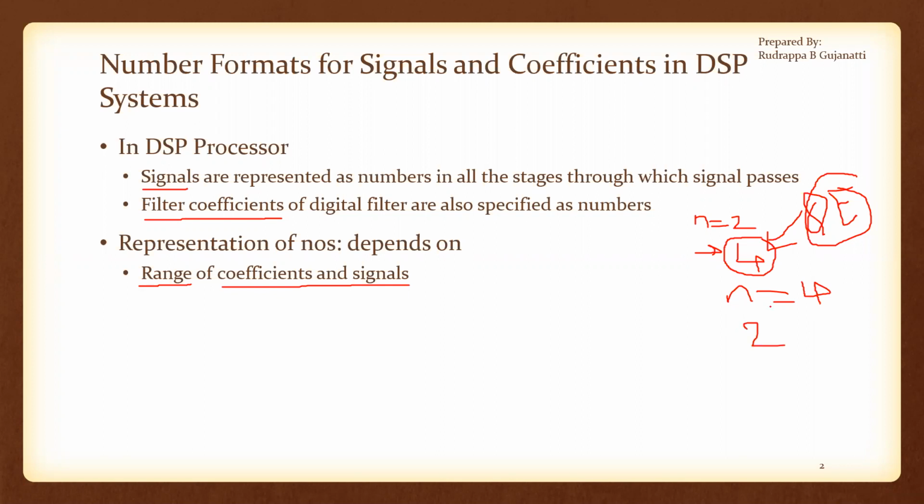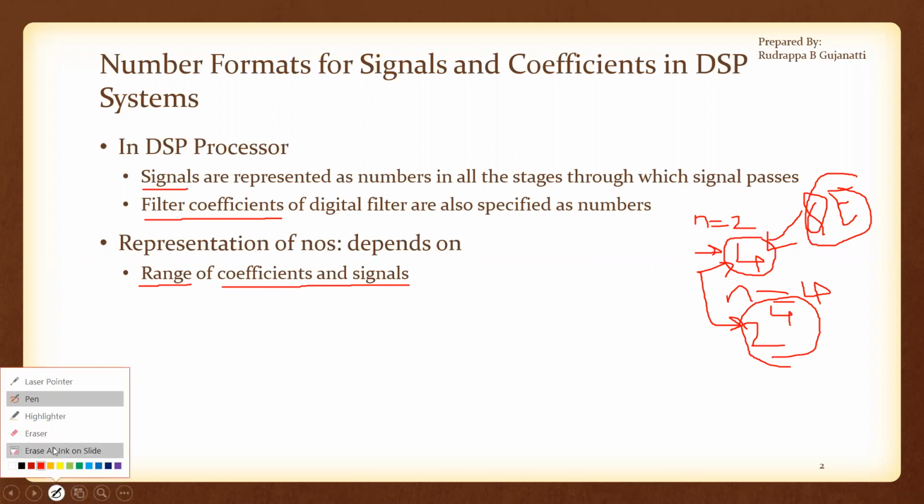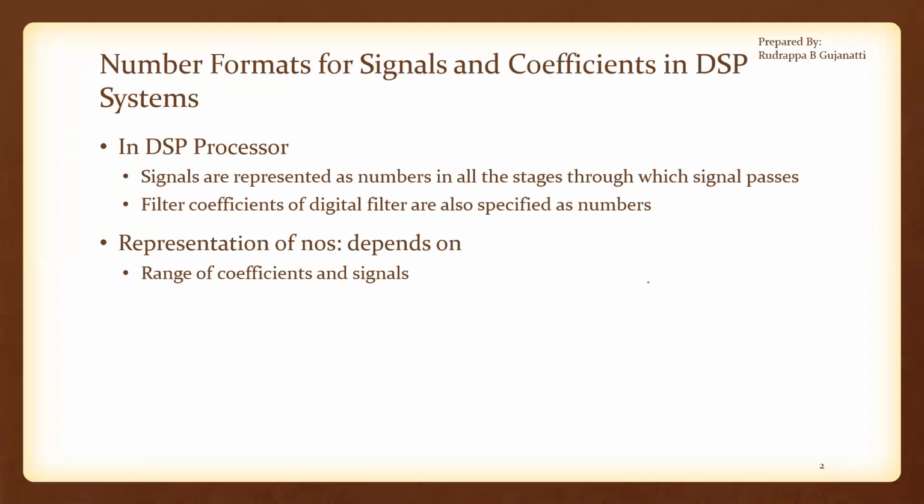Then I'll have 2 raised to 4, that is 16 levels of representation. Previously I was able to represent only 4 levels, but here 16 levels. So I have increased the range of representation for the coefficients and the signals. Whenever I'm representing numbers for the coefficients and the signals, I have to decide what their range is.